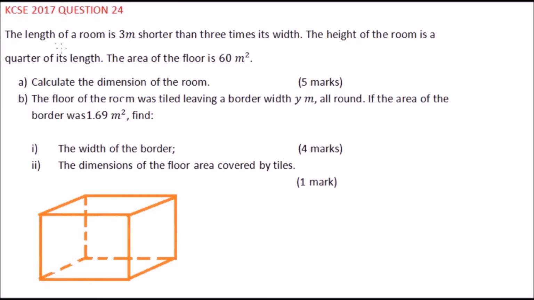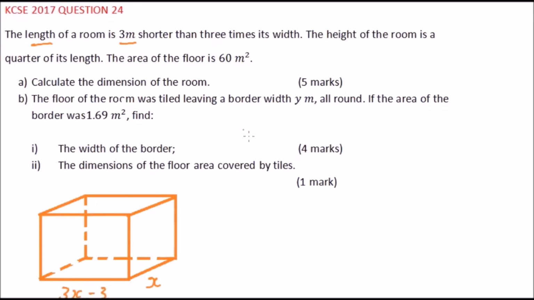We are told the length of the room is 3 meters shorter than 3 times its width. So if we say this is our width, which we can label x, then it means our length will be 3x minus 3.